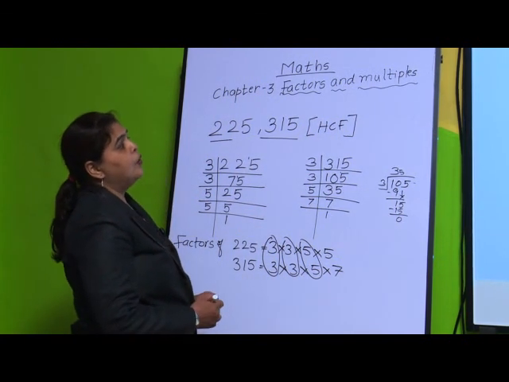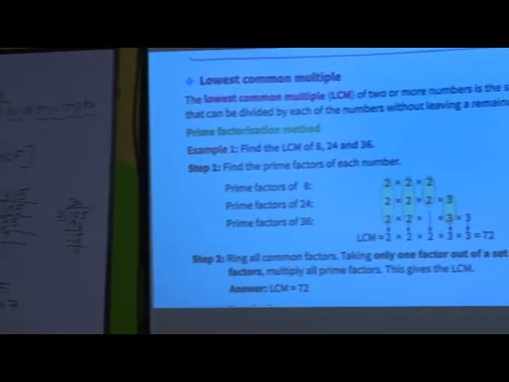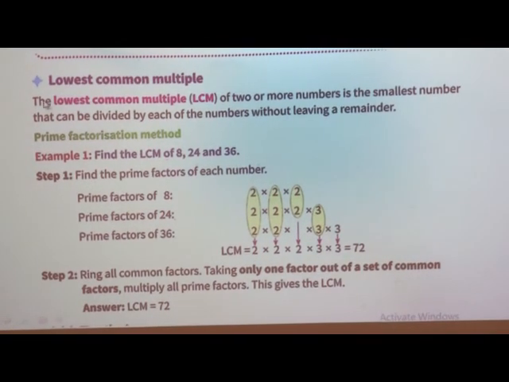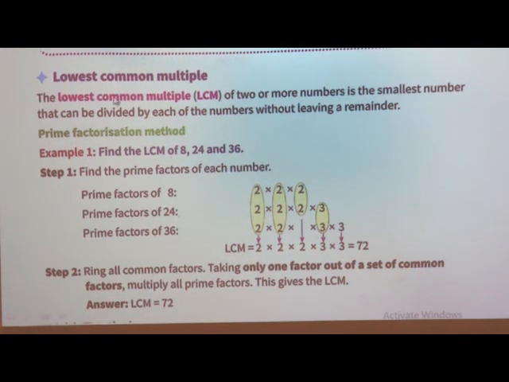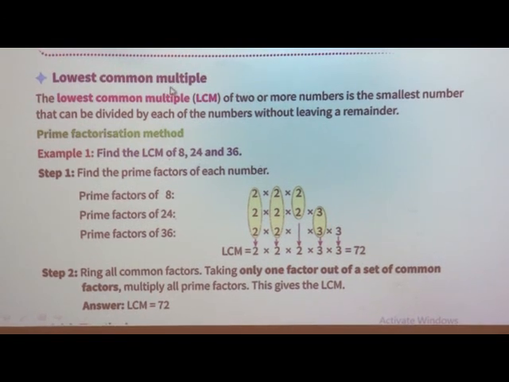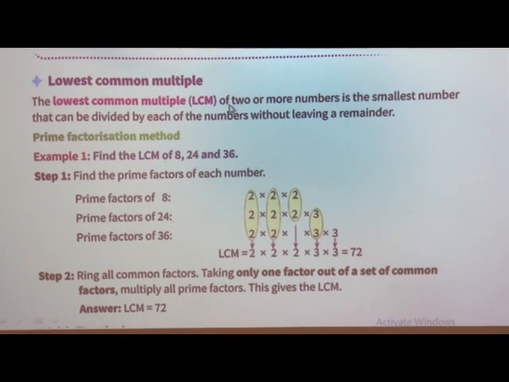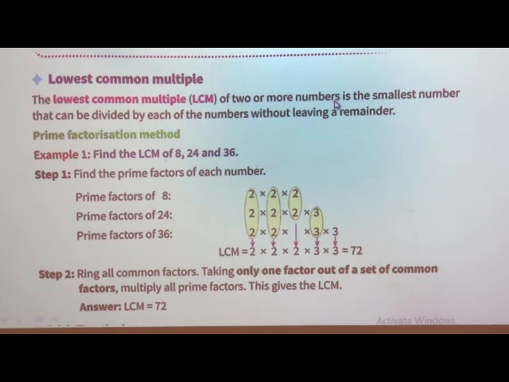Next we will see what an LCM is. What is an LCM? Already we are familiar with the word. LCM is the lowest common multiple, that is the short form. The lowest common multiple of 2 or more numbers. Here in the HCF we have done with 2 numbers, with a large number.